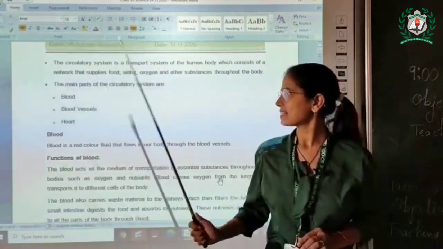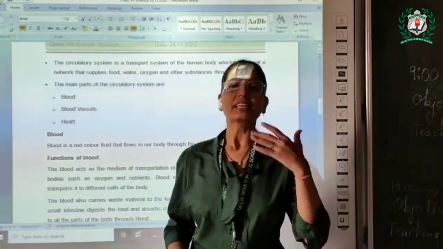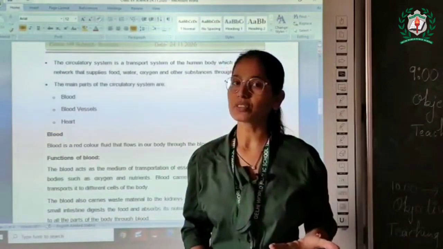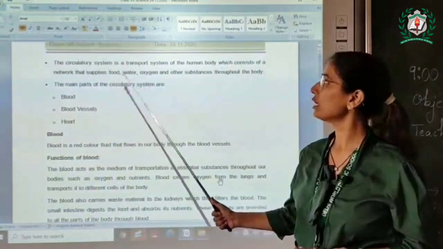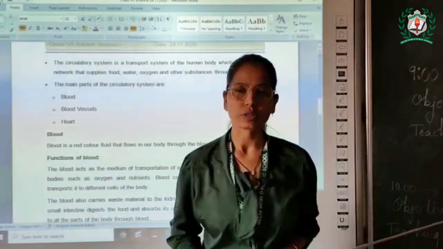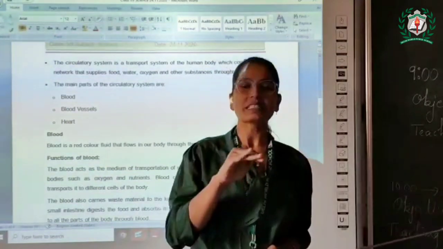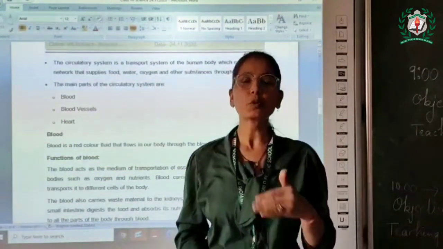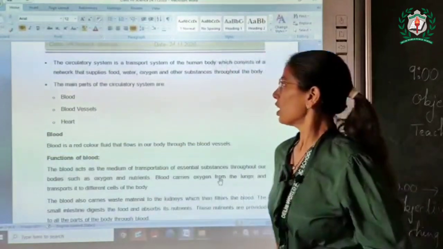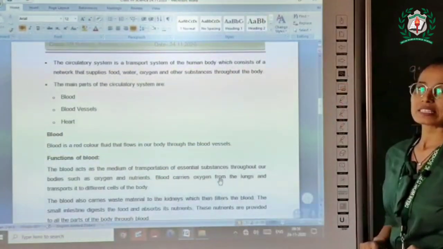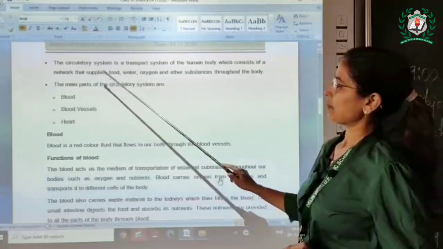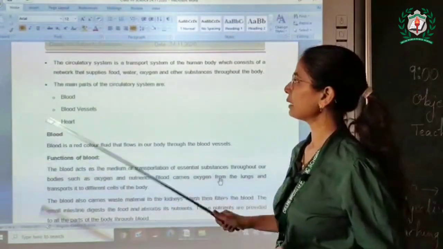So as we are reading, what can be supplied through the system? Blood, food and oxygen. These all components are mixed in that blood only. Food, water and oxygen. Okay. So these are the main parts of the circulatory system. Blood, blood vessels.